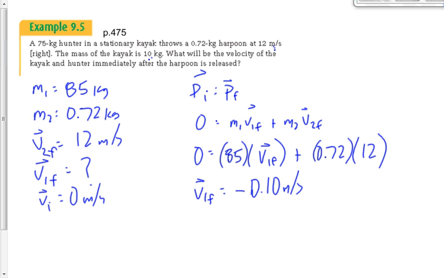Yeah, it is, especially in a question like this where we have those 3 different masses. It becomes a lot easier to see why the hunter and the kayak become one object and stay as one object. So don't try to take shortcuts. If it takes you 30 extra seconds because you're visualizing it, so be it. If you've got a better chance of getting the question right, then do it.